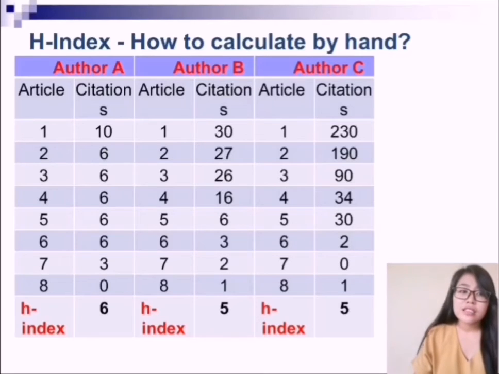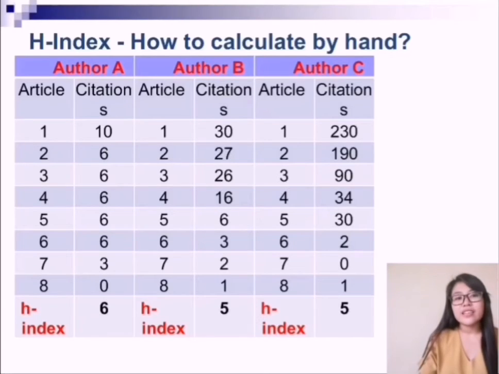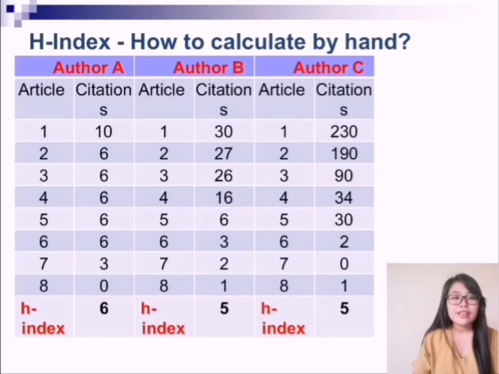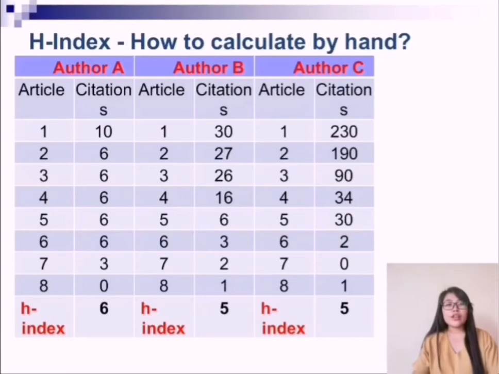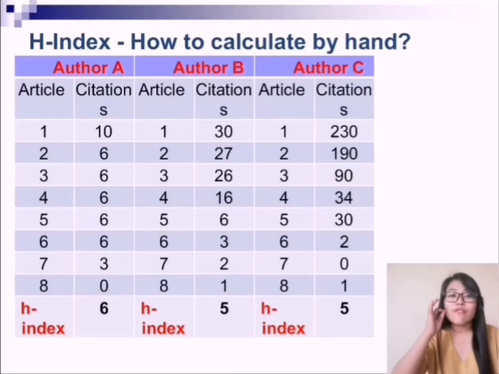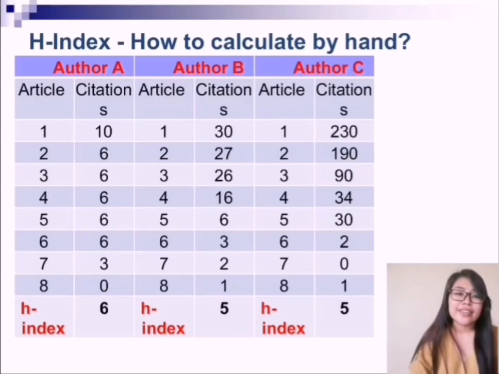And then paper 6 just received 2 citations. Paper 7 is 0. And paper 8 is 1. That means papers 1, 2, 3, 4, 5 again received more than their number of published papers. Therefore, the H-index here is 5. I hope this is clear to you.